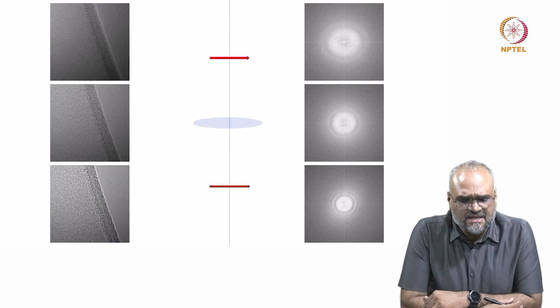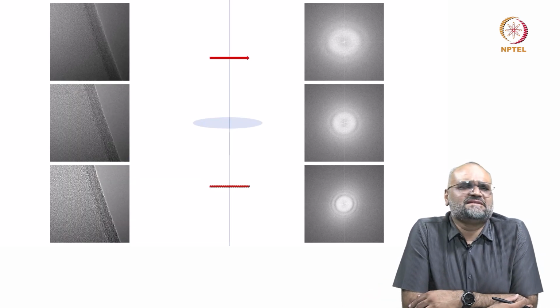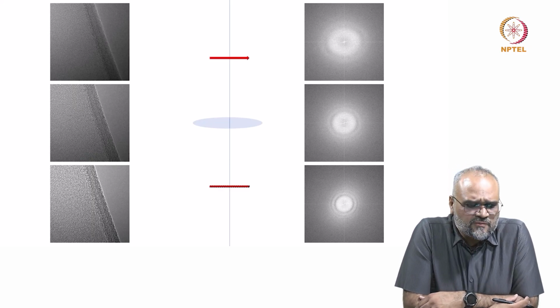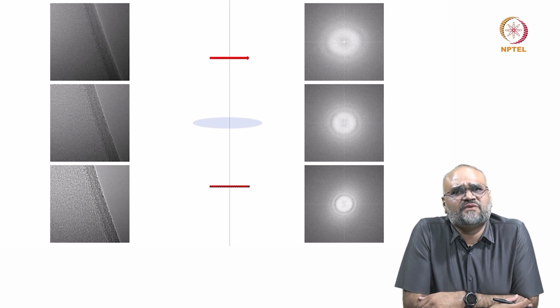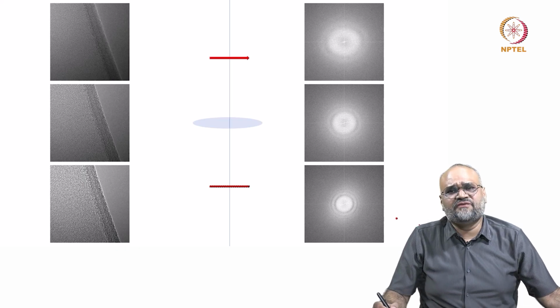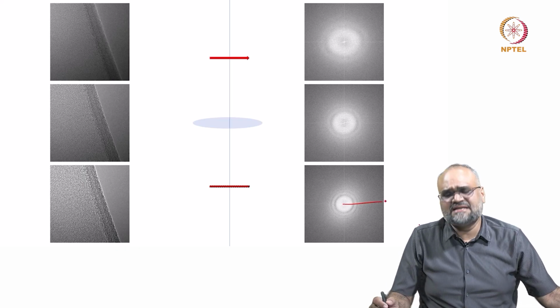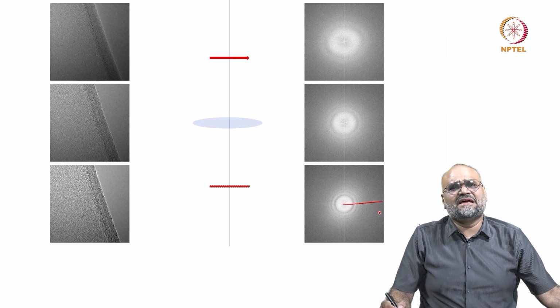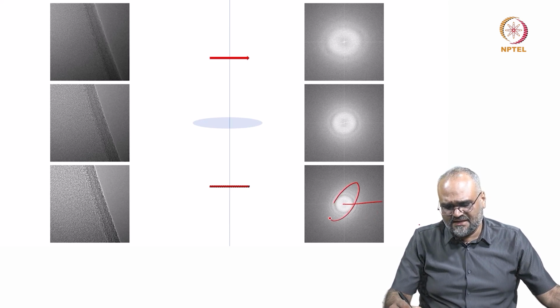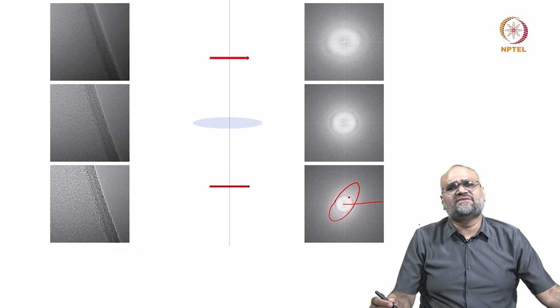So, if you recollect these images from our discussions on the contrast transfer function, these are obtained from an amorphous region from a specimen. Typically, on every sample you have some amorphous region from which you can get this sort of information. If my specimen is defocused where I can start seeing these sort of ring patterns, and there is some kind of an aberration, these rings are distorted in one of the directions.